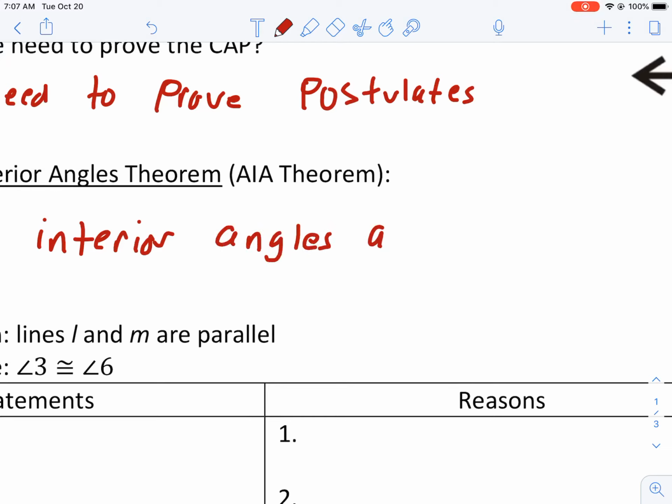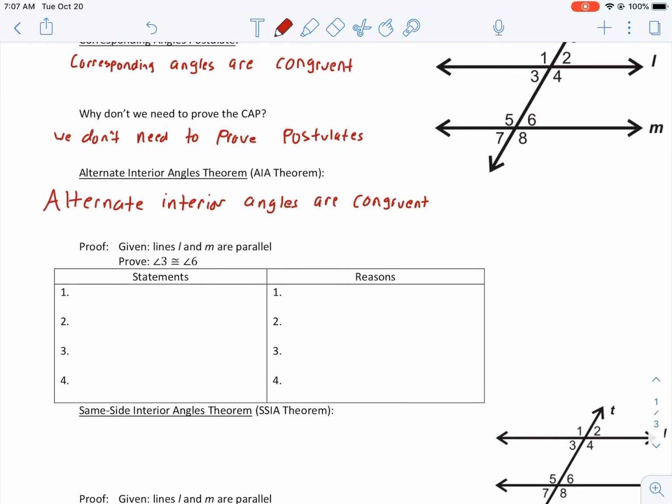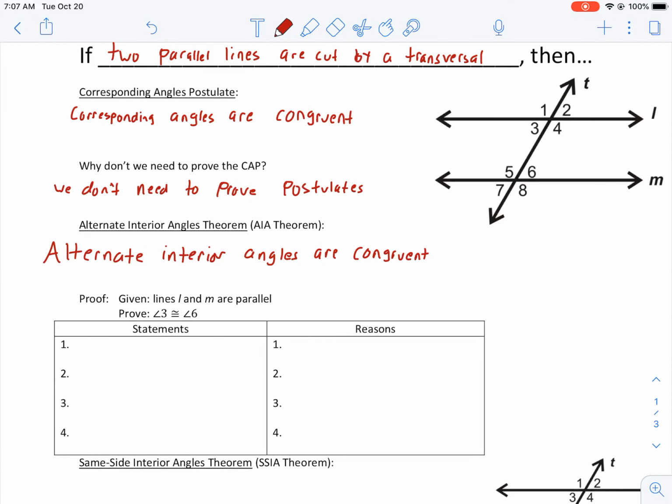So just like corresponding, alternate interior angles are also congruent, okay? And we're actually going to prove this here, okay? So looking up at this picture, we're actually going to prove that 3 and 6 are congruent, and the same proof could be used for 4 and 5, okay?